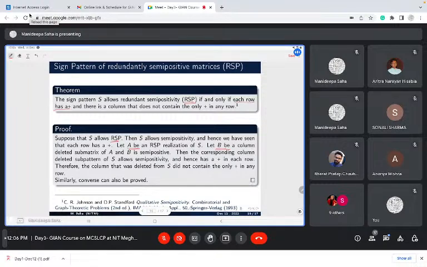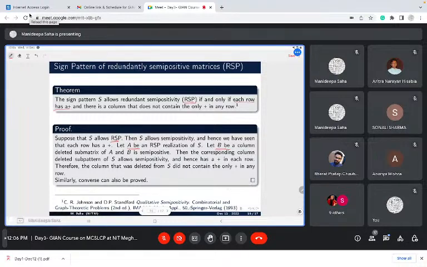The existence of such a column-related submatrix comes from the definition of redundant semi-positivity, because minimal semi-positivity means if we delete one column, it is no longer semi-positive. For a redundant semi-positive matrix, we should be able to find at least one column-related matrix which still remains semi-positive. Suppose B is that matrix.